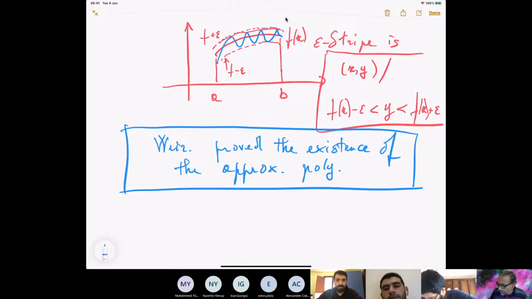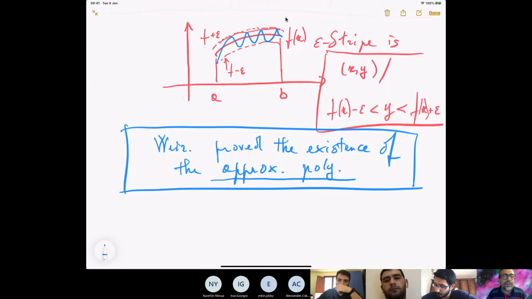Now, tomorrow you will start seeing, or you will rediscover, that for numerical computation, it is essential to find the approximating polynomial for a given function.